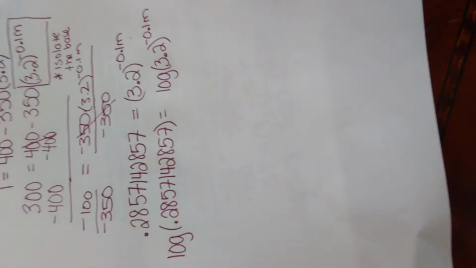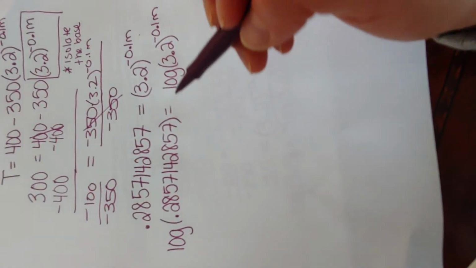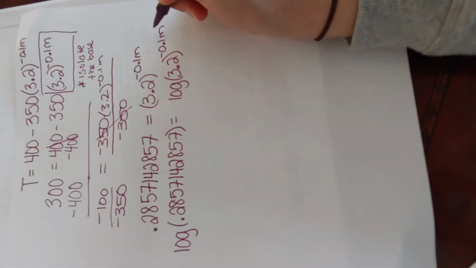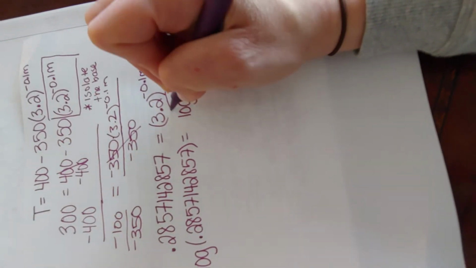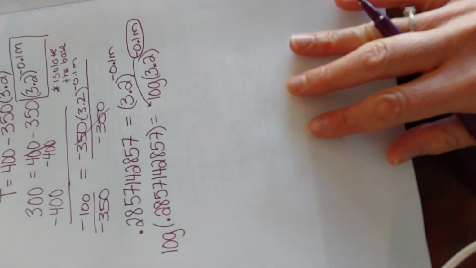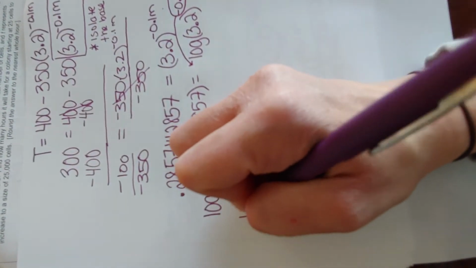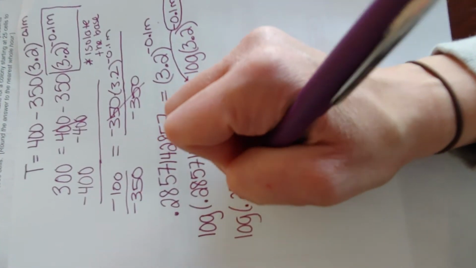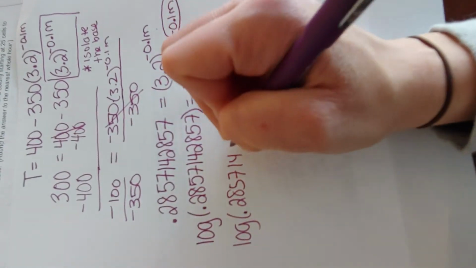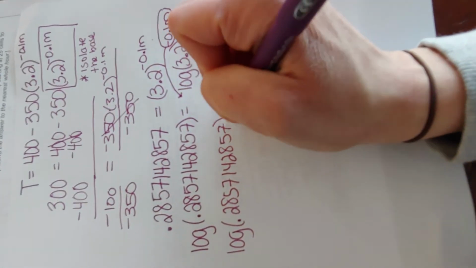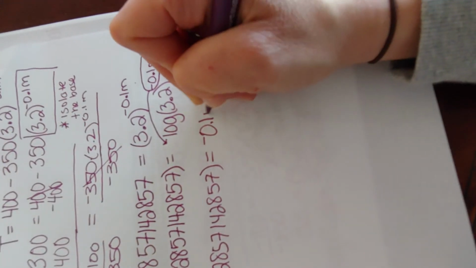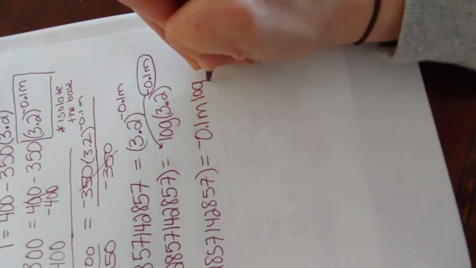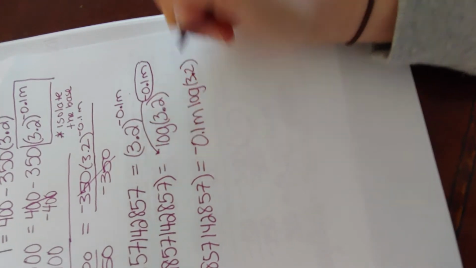Okay, so as soon as I write the word log on both sides, I've unlocked the exponent. So now the exponent can jump out in front. So now I have log of this crazy number equals negative 0.1 m log 3.2.